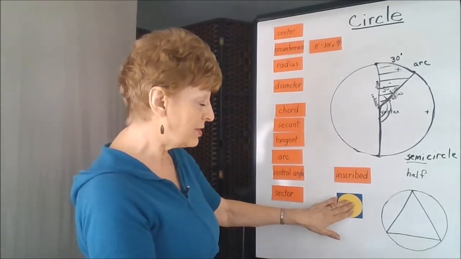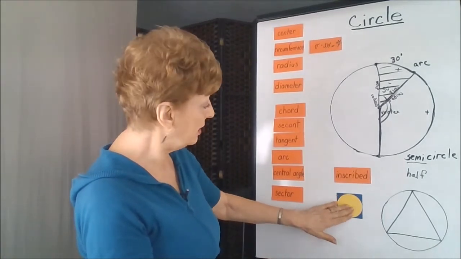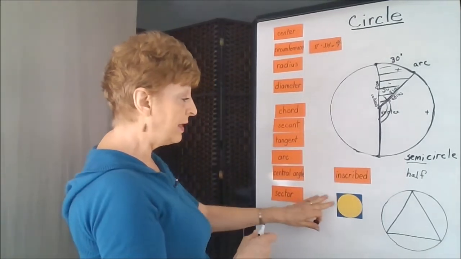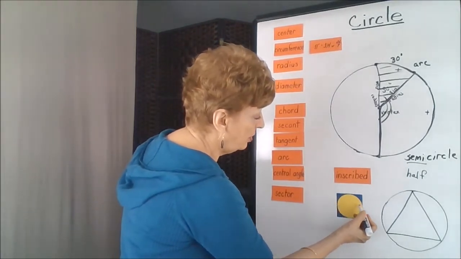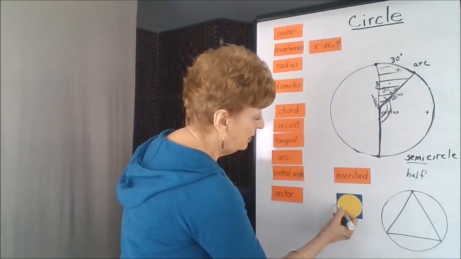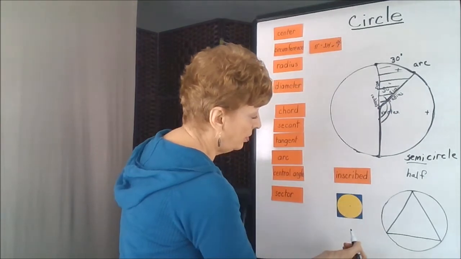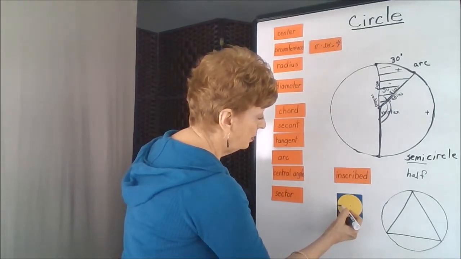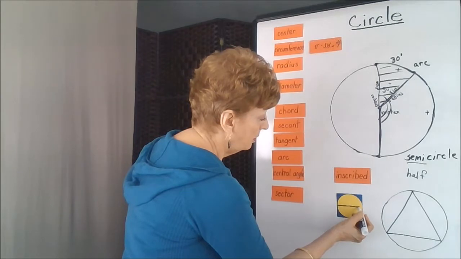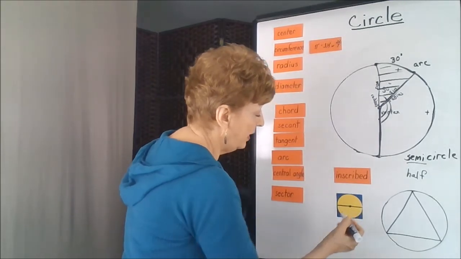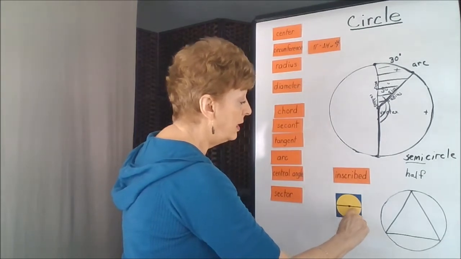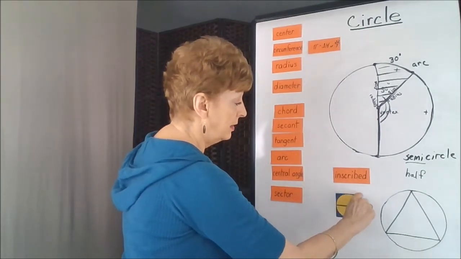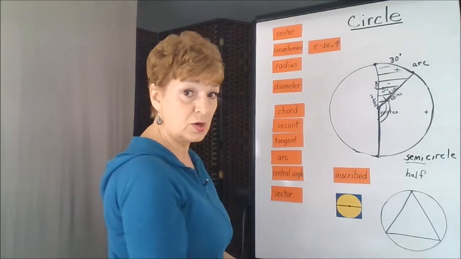When you have an inscribed situation, like this one, knowing that we have a diameter, the diameter of this circle goes from one edge to the other through the center point. And the diameter of that circle is the same as the length of the side of the square.